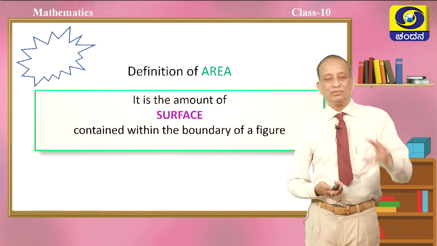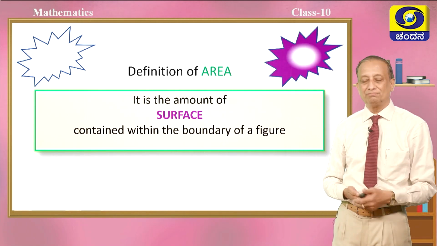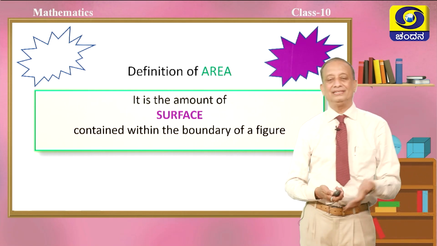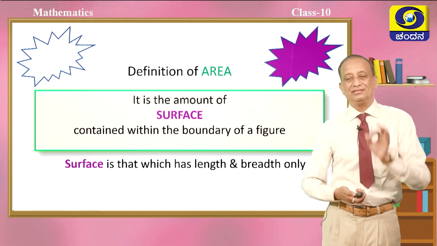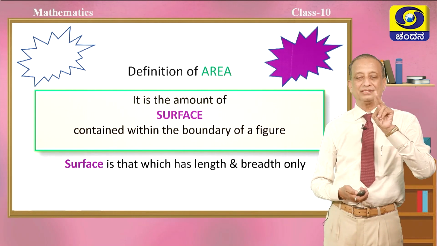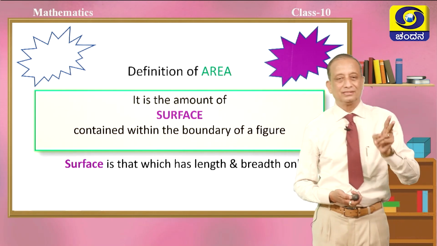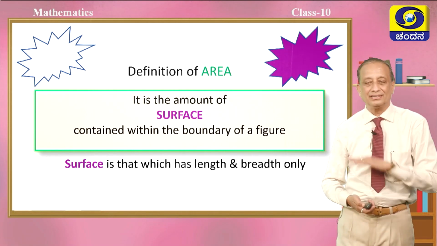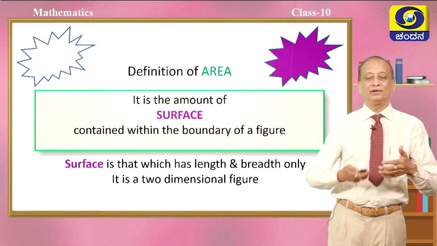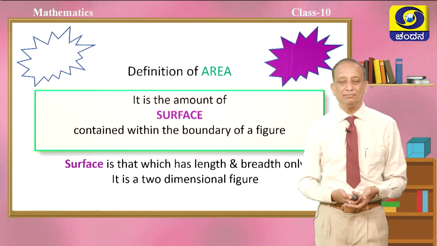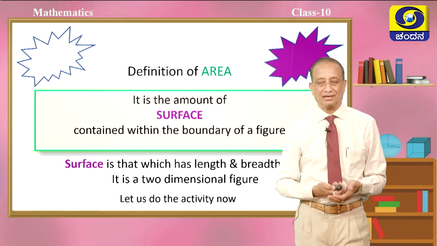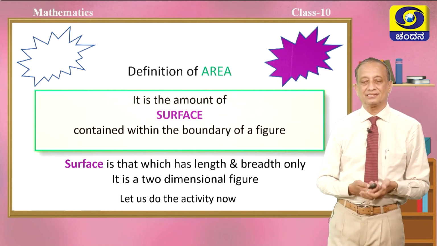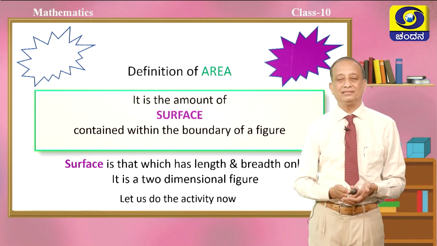To know how much surface it has within this boundary is called the area. In fact, a surface is something that has only 2 dimensions, that is length and breadth. So, a surface is a 2-dimensional figure. Let us now, with this concept of area, work out an activity for this.